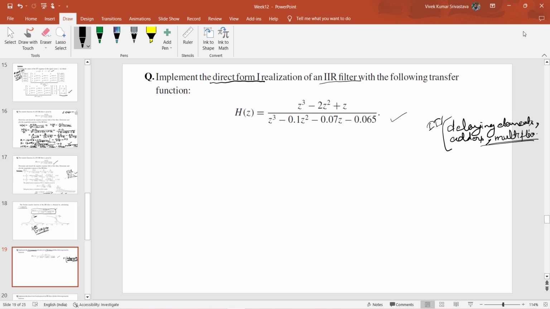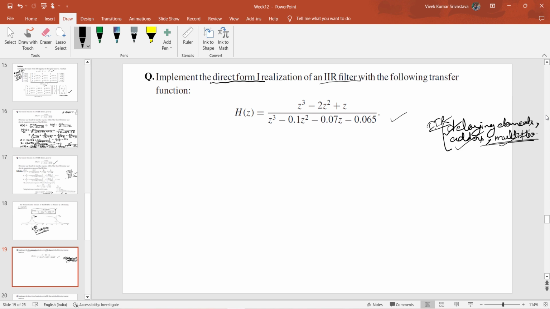Here we have to realize an IIR filter whose transfer function is given to us. First of all we have to know how many delaying elements, adders and multipliers there are. For determining these elements, we first have to know the relationship between input and output. For defining the relationship between input and output in a discrete time system, we generally use a difference equation.